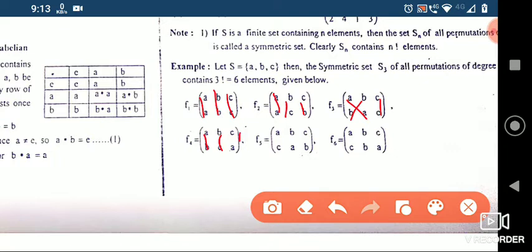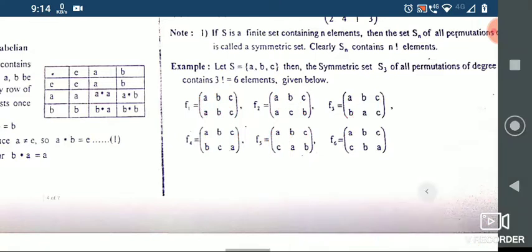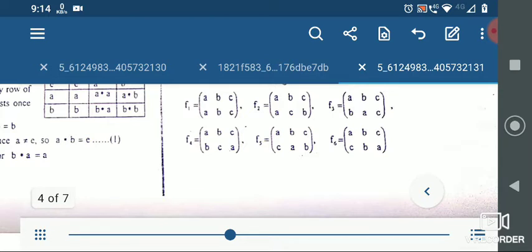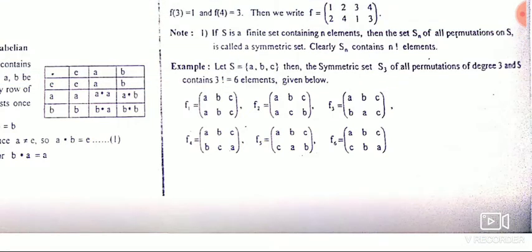In the following one also we changed everything: a to c, b to a, and c to b. In the last one we kept b common, and the rest changed, a to c and c to a. These are the 6 types of thing we can do. So these are the 6 permutations, but taking all these together, the set is called the symmetric set.